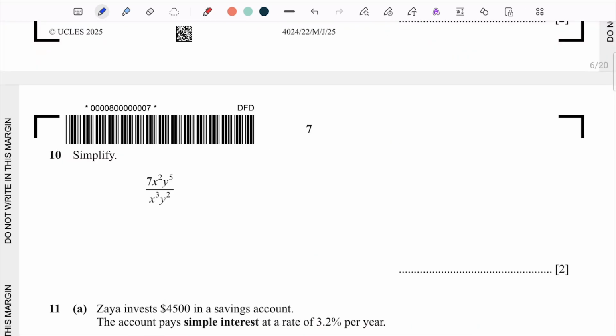Question number 10. Simplify 7x squared y to the power 5 divided by x cubed y squared. So if we open and simplify, this can also be written as x into x, and y can be written 5 times.